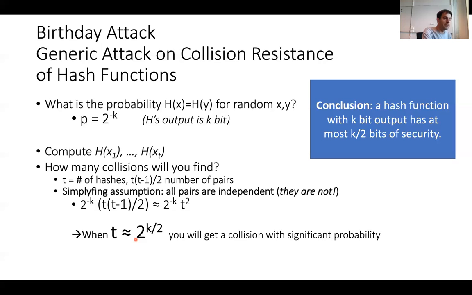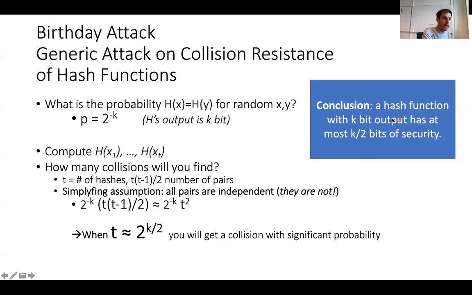So this tells us immediately that if I want a hash function to be collision resistant against an adversary that runs in time 2 to the t, then the output of the hash function should be approximately 2t bits.